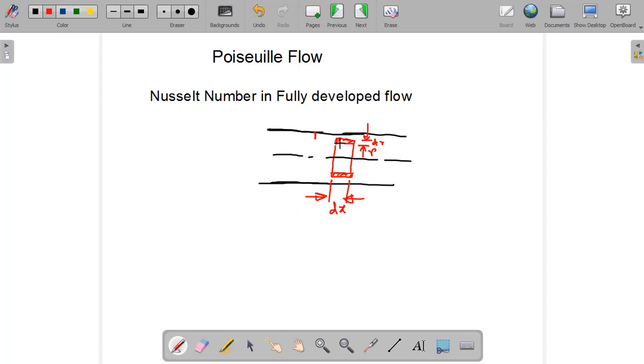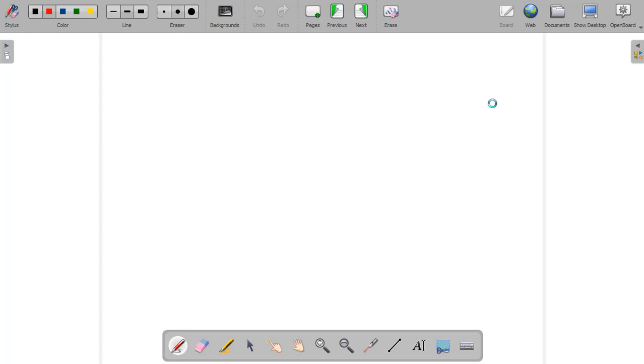Now on this control volume we will show the different energies coming into it and going out of it, and we will do the analysis. So let me show this picture again.